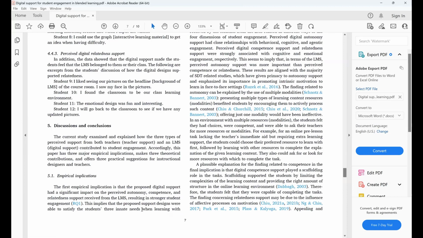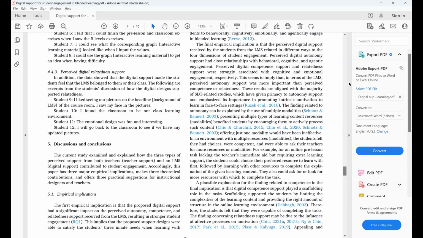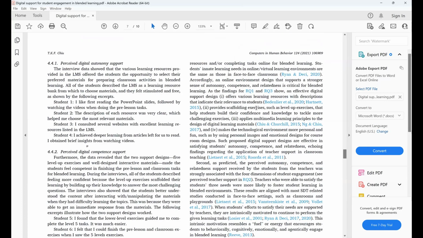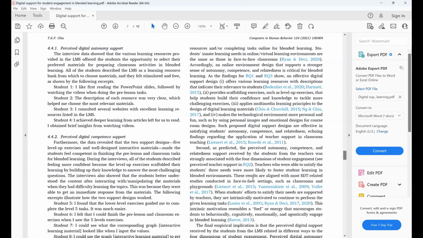For example, the first one talks about how the proposed digital support has a very significant impact on perceived learning, something like this. And then RQ2, you can see that RQ1 and RQ3 both have data that support this argument, and RQ2 supports this one. So it's about the writing, how we read it.